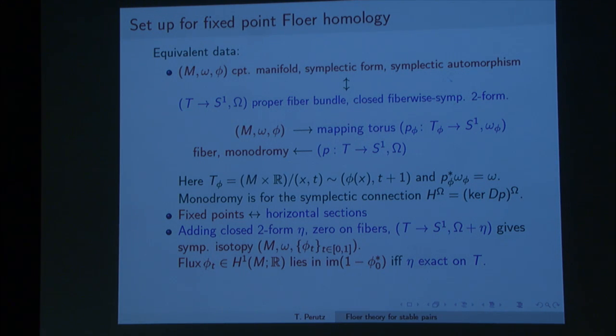In particular, it's of interest to look at the case where eta is an exact two-form on T, and that corresponds to the case where the flux in the isotopy is in the image of 1 minus phi 0 star. So exact perturbations eta correspond to isotopies with some condition on the flux, determined by a subgroup of the first cohomology, which can be non-trivial.